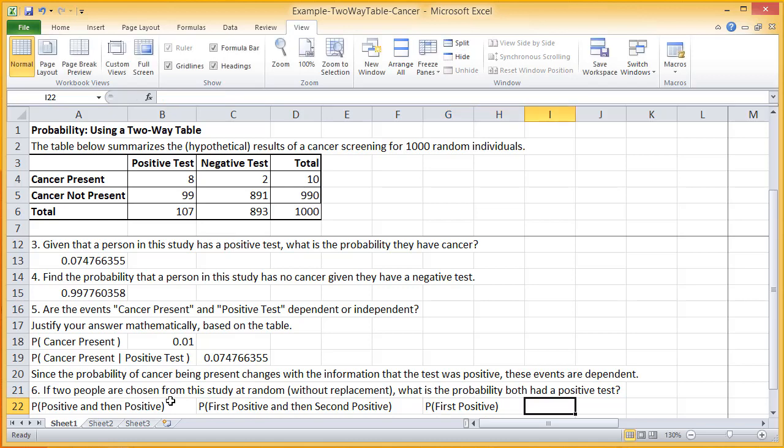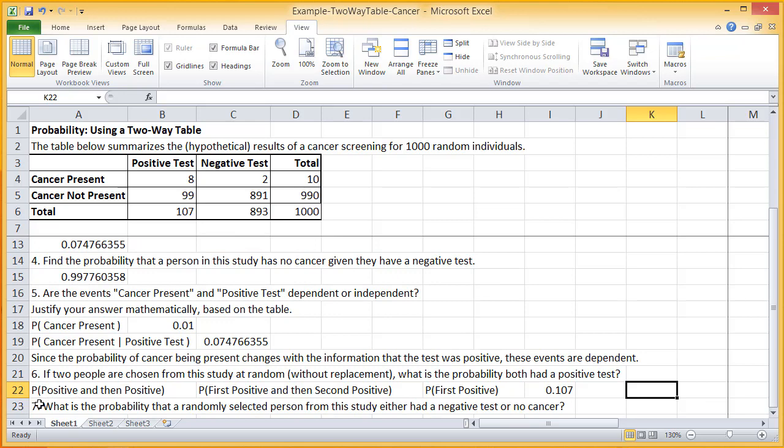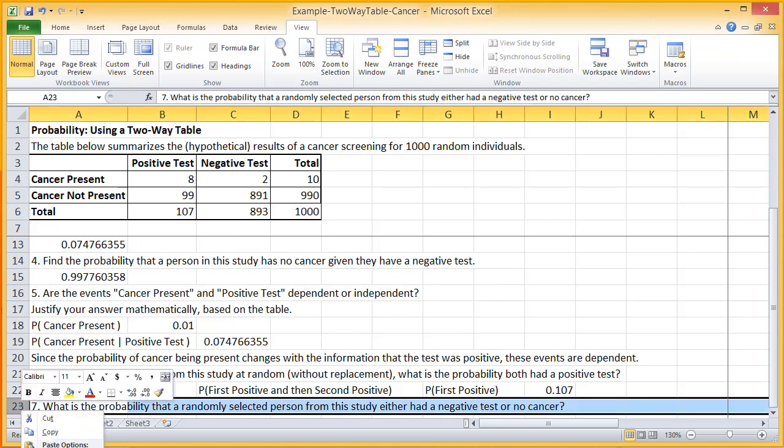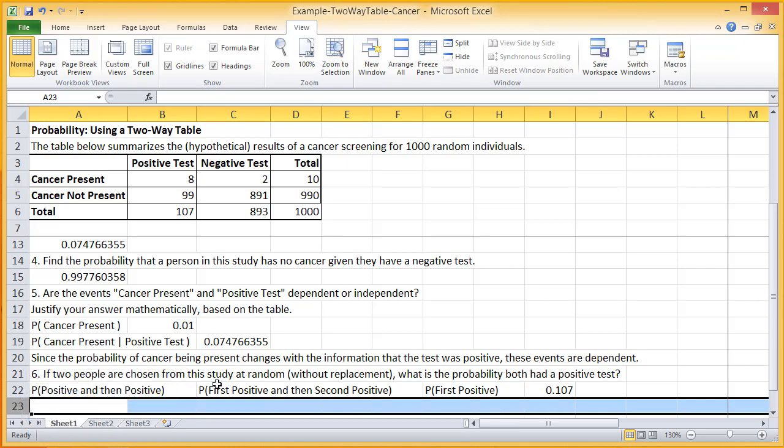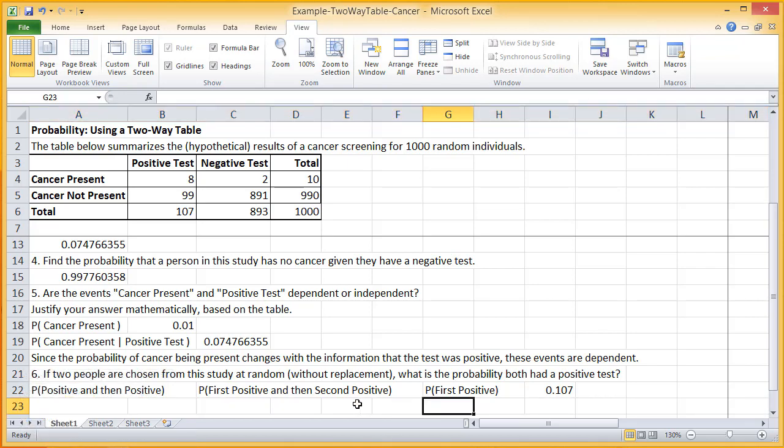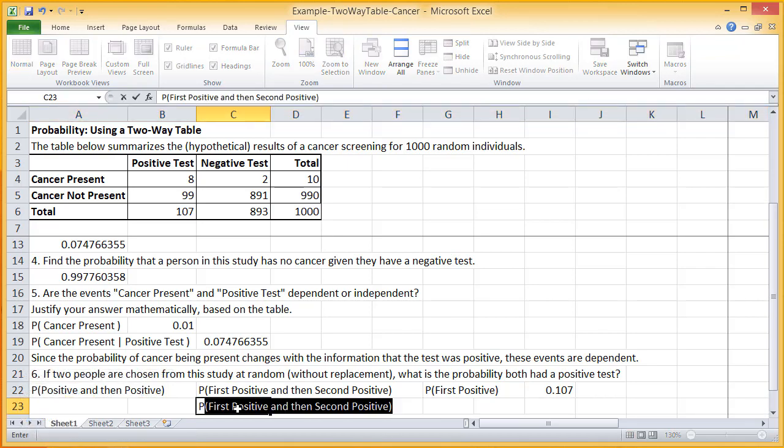How many of them had a positive test? 107 did. So the first one equals 107 divided by 1,000. The next thing we need to calculate is the probability that the second one has a positive test, given that the first one that we already pulled out has a positive test. It's a conditional probability. Probability second positive, given the first was positive.